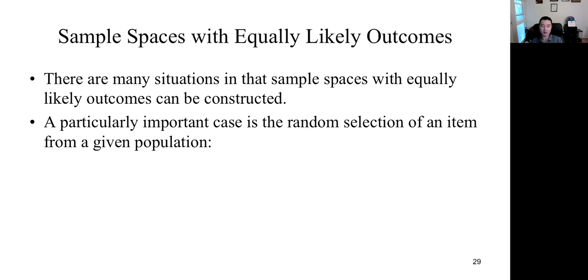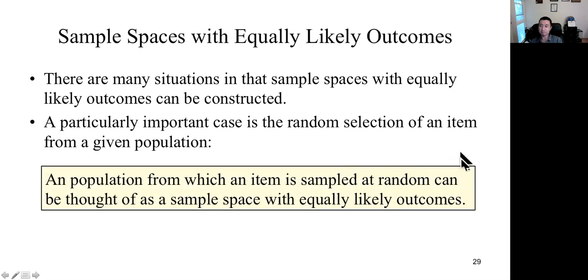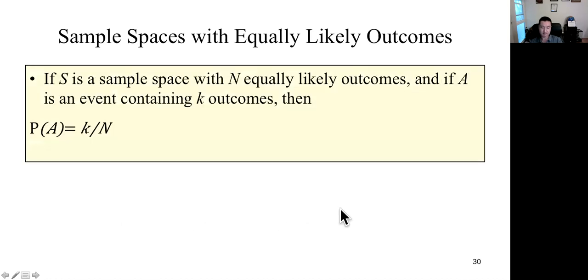A particularly important case is the random selection of items from a given population. If a sample item is sampled at random, it can be thought of as a sample space with equally likely outcomes.